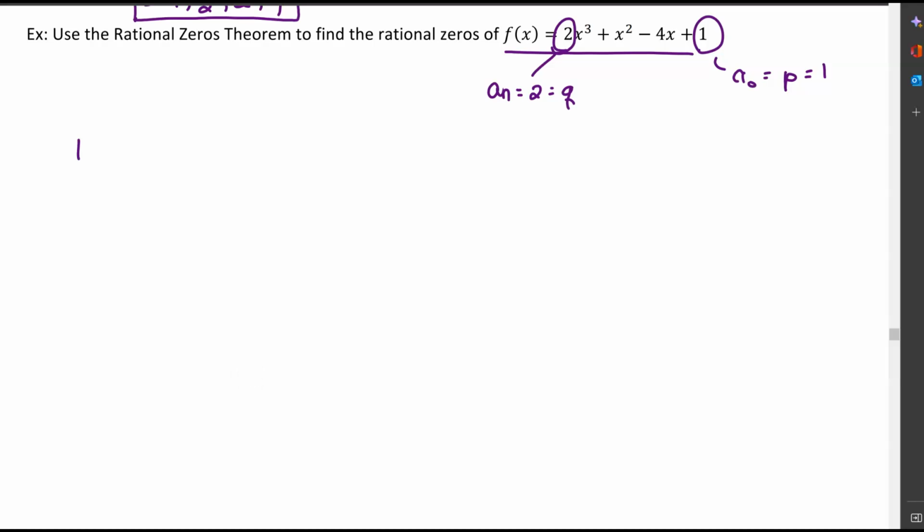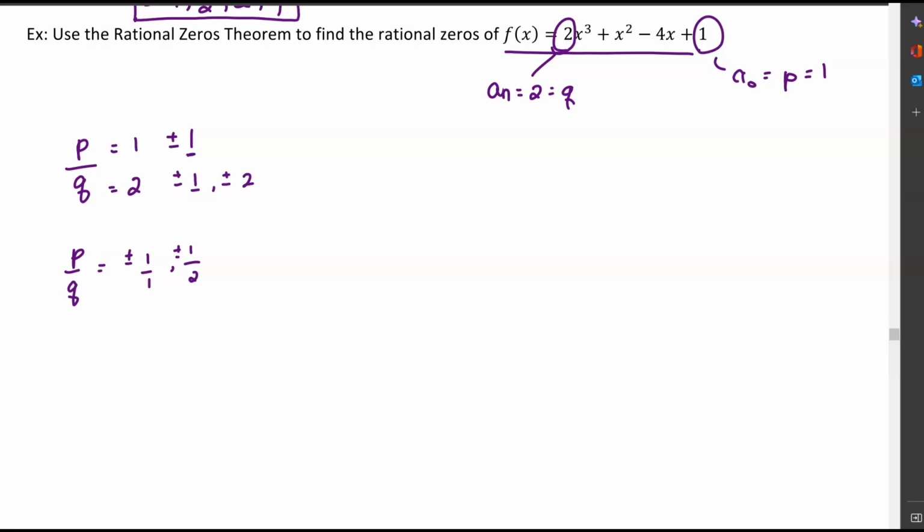So we're going to have p over q. So all the possible factors of p, since p is 1, is just plus or minus 1. Since q is 2, we have plus or minus 1, and we have plus or minus 2. So when we look at p over q, what are the possible factors that we have? Well, we have plus or minus 1 over 1, and then we have plus or minus 1 over 2.